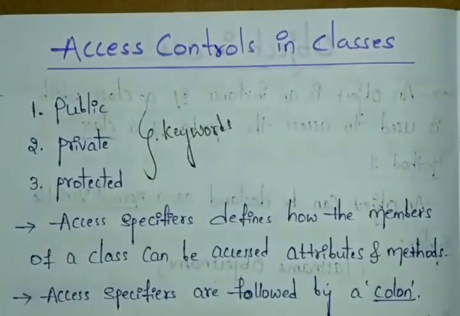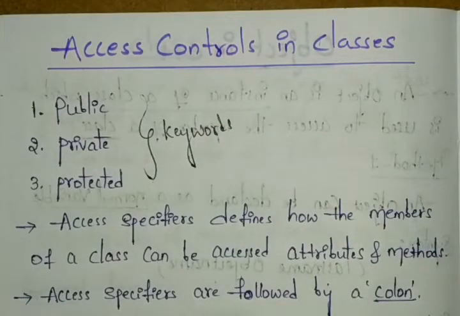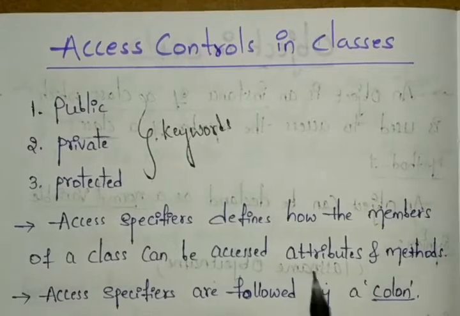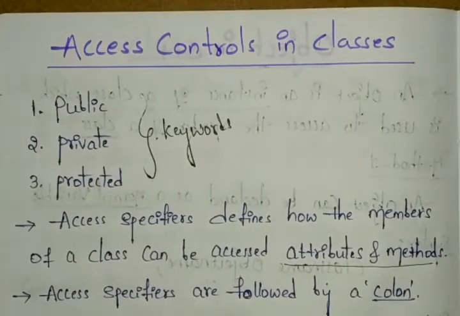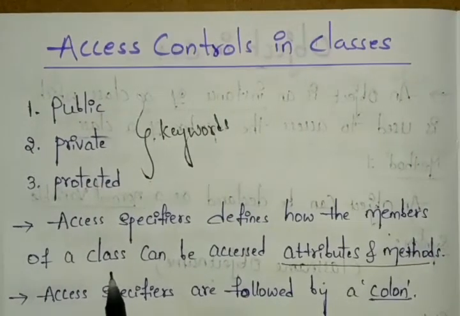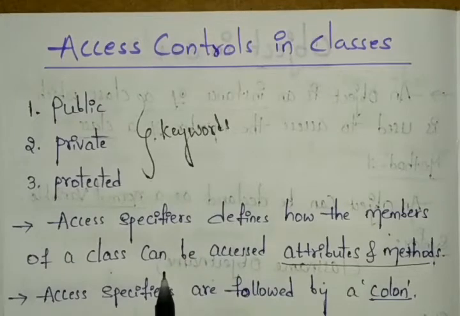If you want to specify an access specifier, you define how the members of the class, the attributes and the methods, can be accessed.